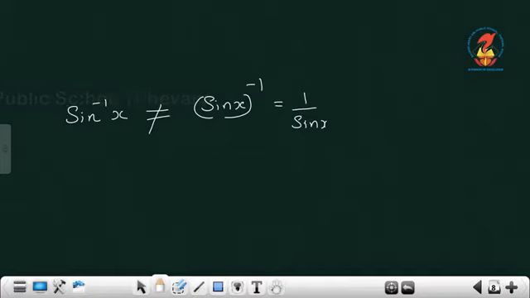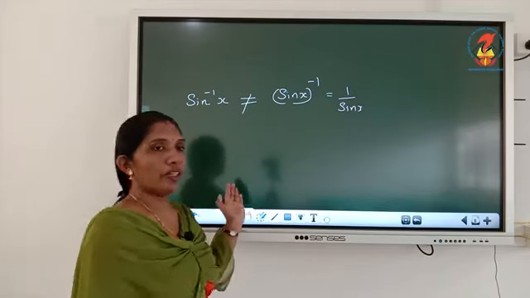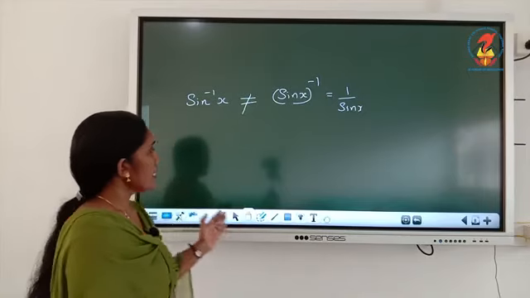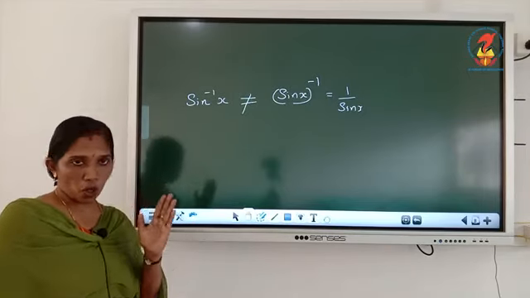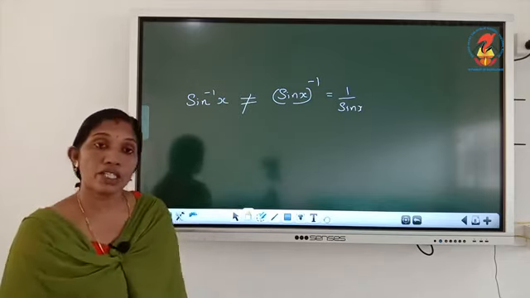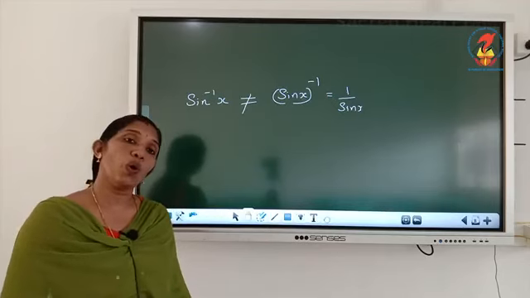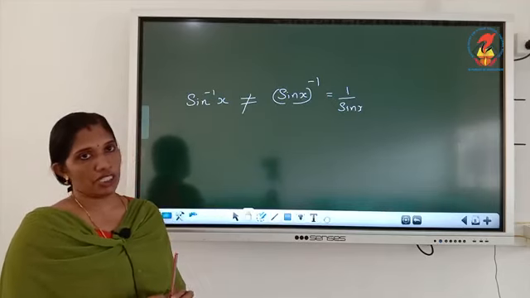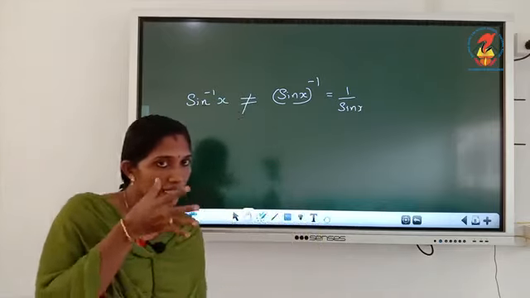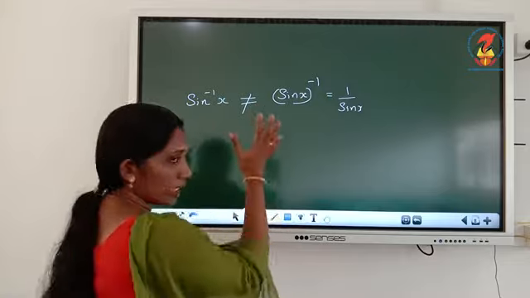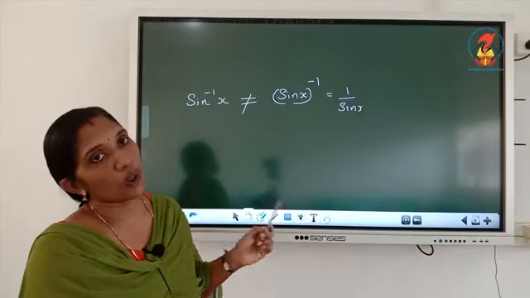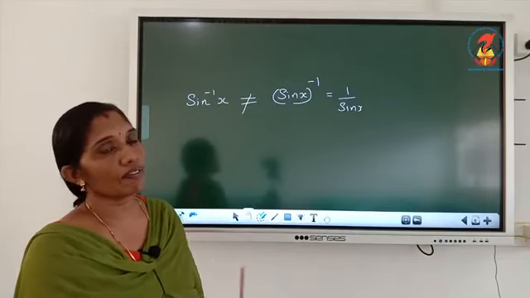Then in the problem session we have to find the principal value of inverse trigonometric functions. That is, the value of an inverse trigonometric function which lies in the principal branch, that we wrote in that table just now, is known as the principal value of inverse trigonometric functions.